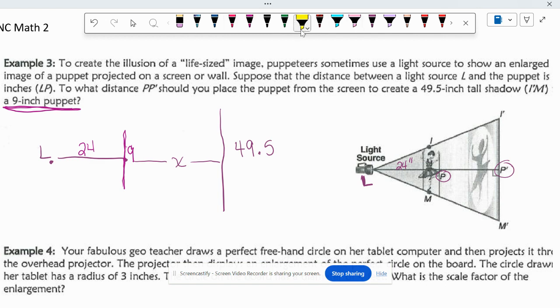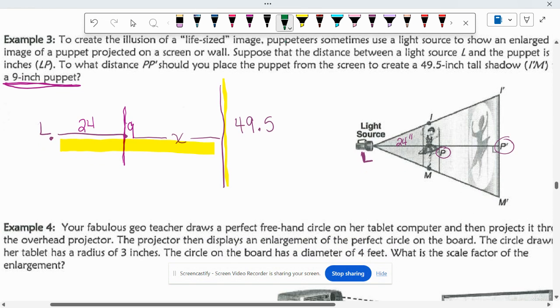And that's going to be compared to this whole distance of 24 plus x and 49.5. We're going to set up a proportion. Do you guys remember using proportions? Yes? Okay.